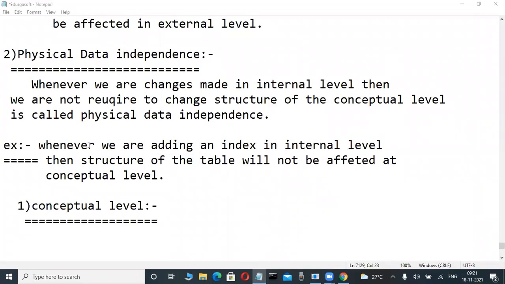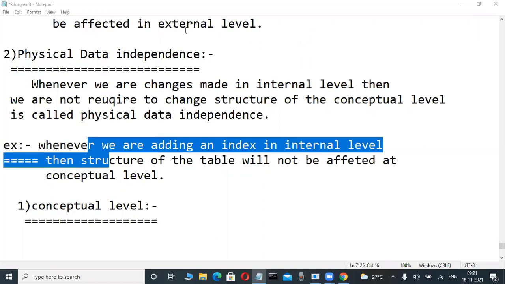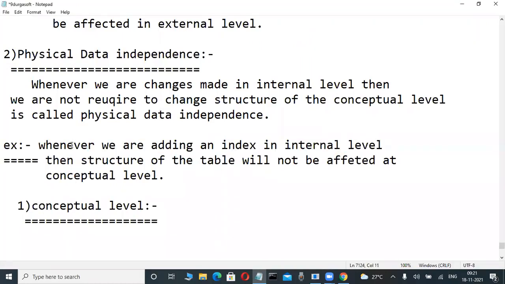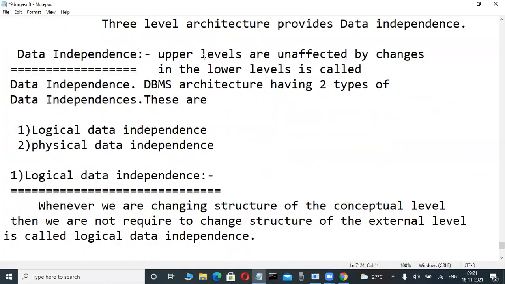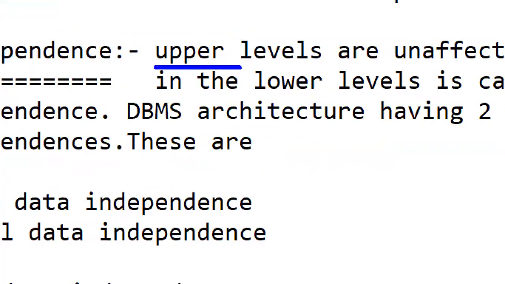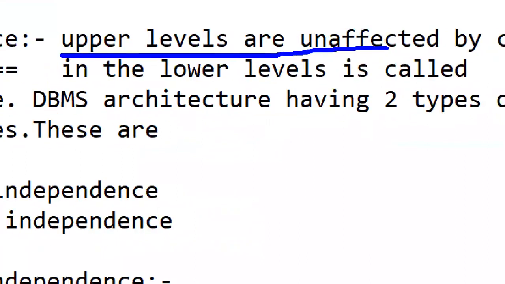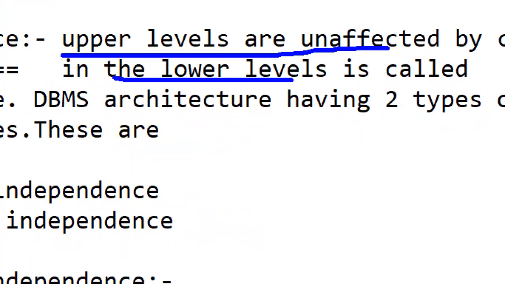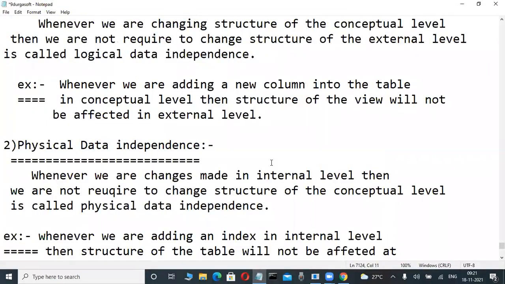Now observe here. Practical I'm showing, but first theory. Data independence is a very important definition. Three levels were there yesterday, upper and lower levels, and upper levels are unaffected by changes in the lower levels; the structure will not be affected.